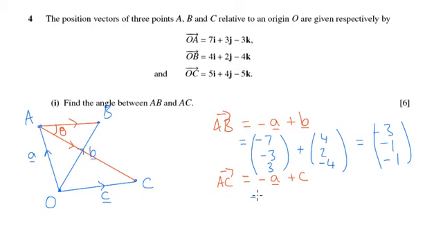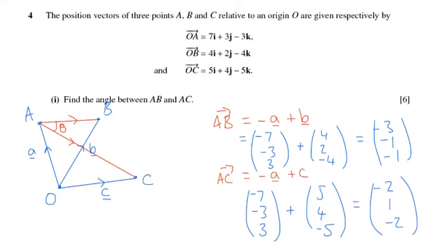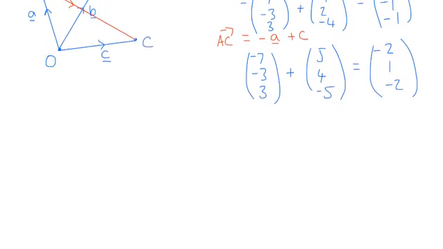Vector A to C is going to be the same thing here, minus 7, minus 3, 3, plus C's vector. So 5, 4, minus 5, which is minus 2, 1, minus 2. So we now have the 2 vectors that we need, but how do we find the angle between them?